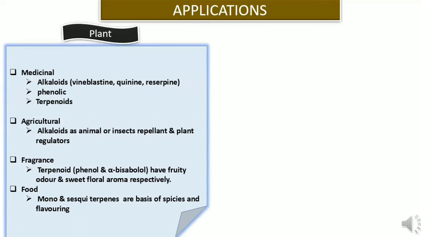Vinblastine, for example, is an anti-cancer agent. For agricultural purposes, alkaloids can be used as animal or insect repellents and plant regulators.